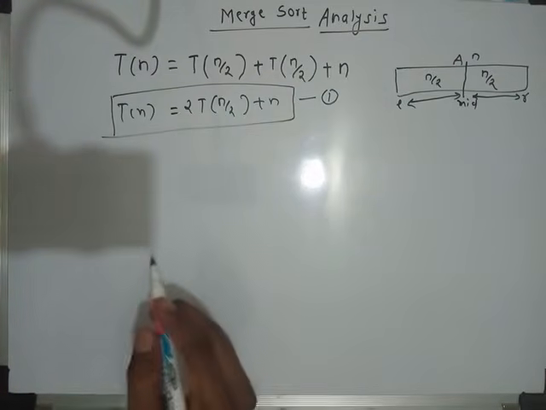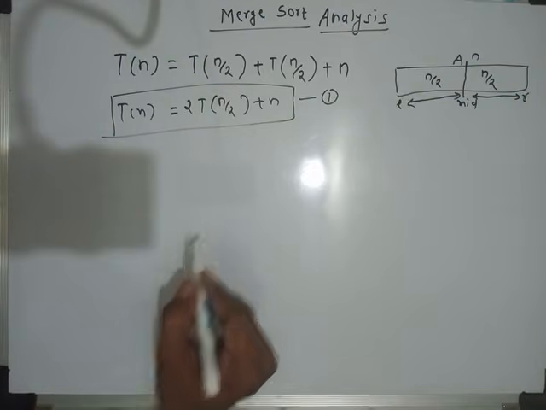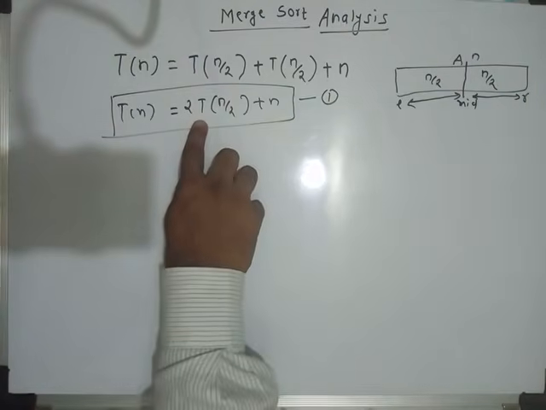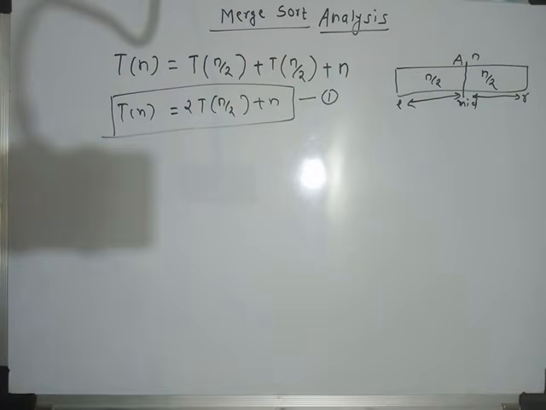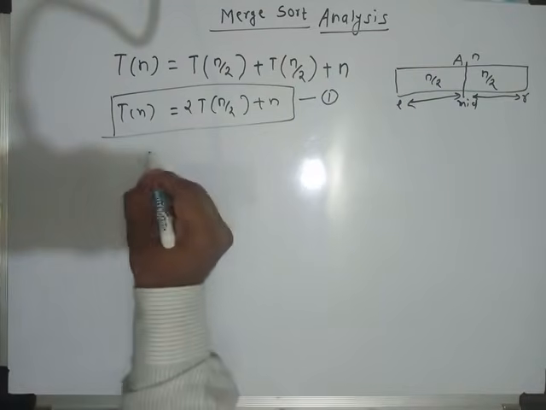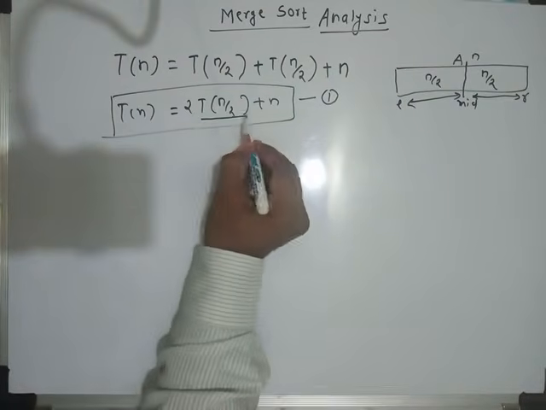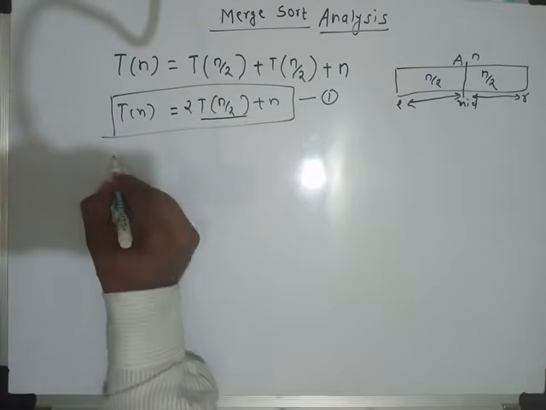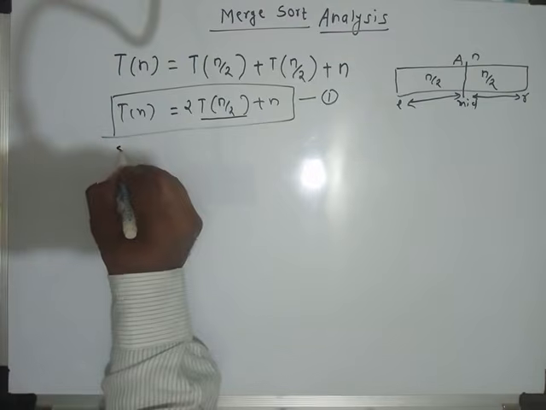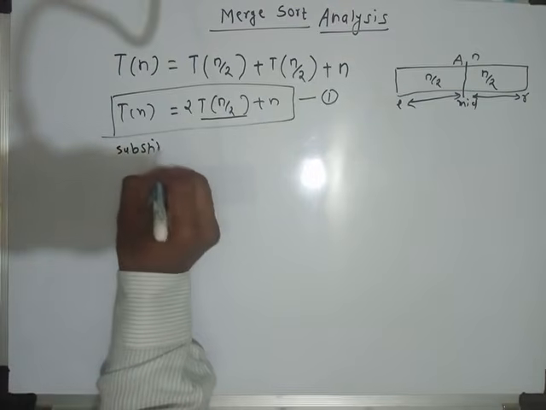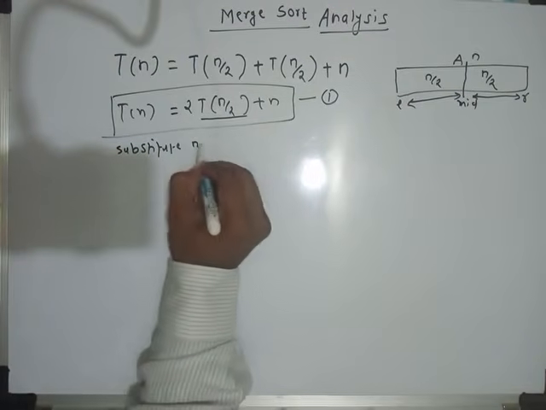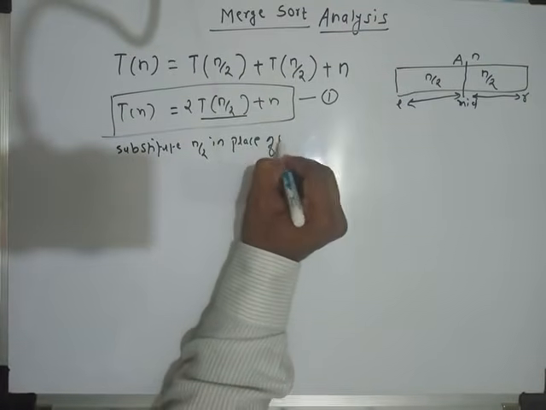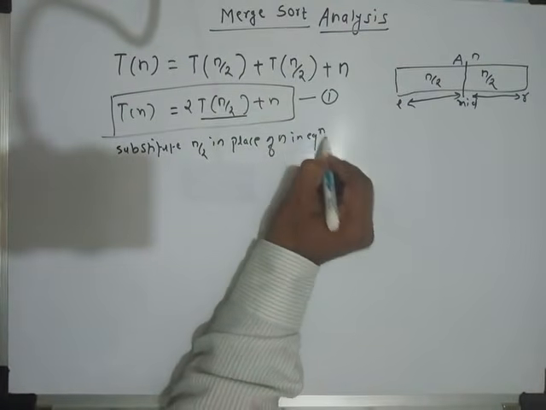Now let's try to solve this by using the method of repeated substitution. Solving a recurrence means getting rid of this t on the right hand side. I don't know what this t of n by 2 is, but I'll derive it from equation 1 itself. So substitute n by 2 in place of n in equation 1.